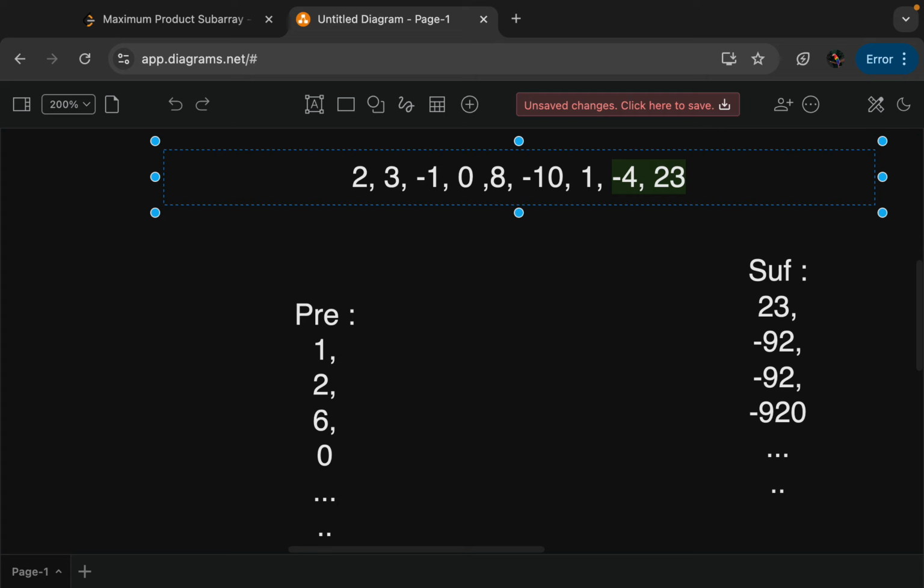So important here is to note that out of these calculated prefixes and suffixes, there would be a prefix or suffix that has the maximum product. So that would be our answer. Also, we need no need to find the prefix of an element and suffix of an element at the same time.